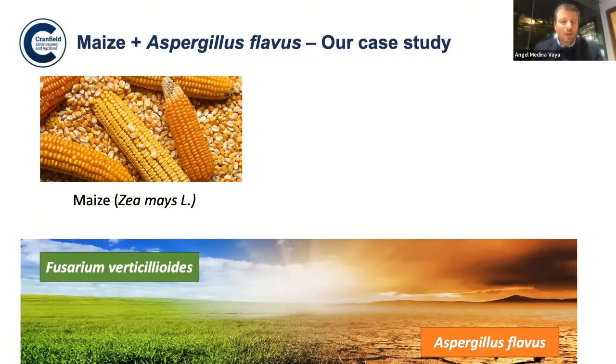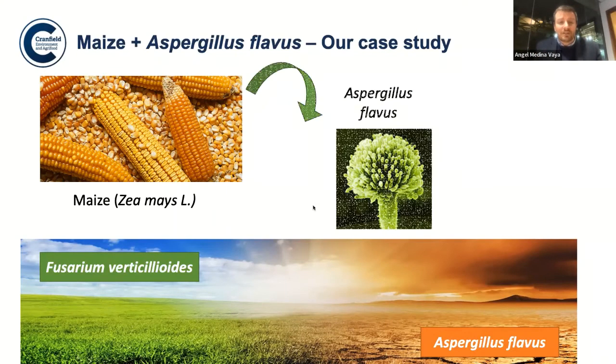However, if we have drought episodes or increased temperature, then the problem is that Fusarium verticillioides cannot grow effectively anymore. It gets substituted or removed by Aspergillus flavus, which under those conditions will be able to grow much more efficiently. And that has a problem within it.